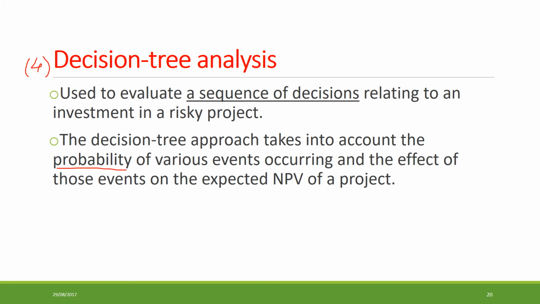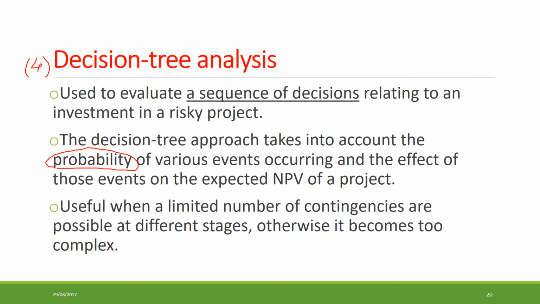This is a probability method where we take into account the probabilities of different events occurring throughout the project. This is useful, however, it's only useful when we have a limited number of decisions to make, right? So we don't want to make our decision tree too complicated, yeah?